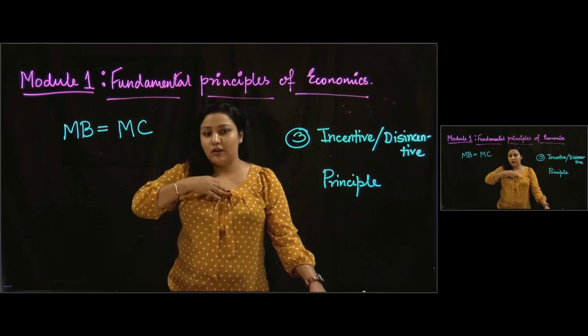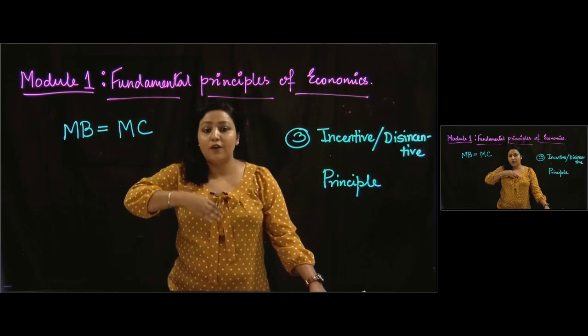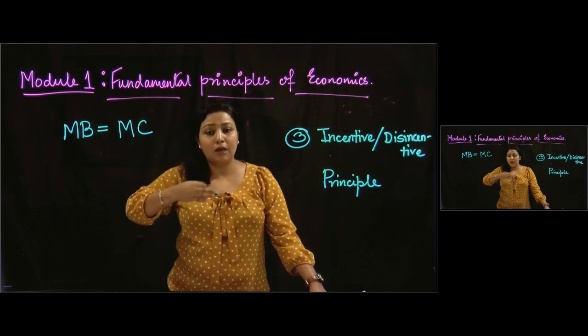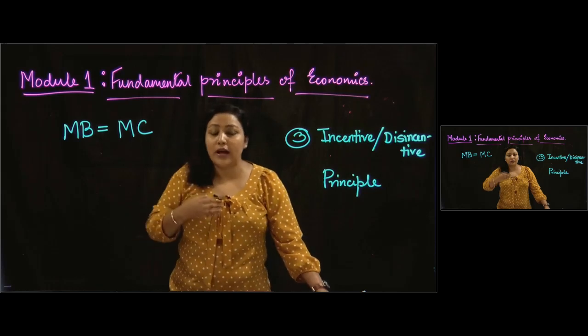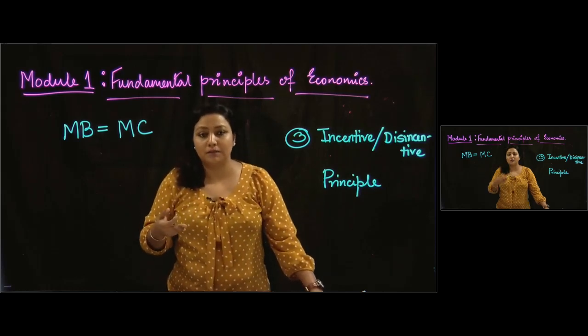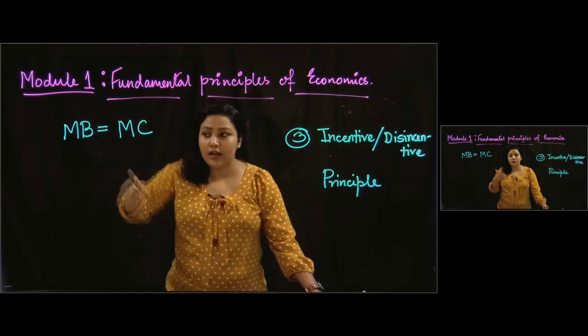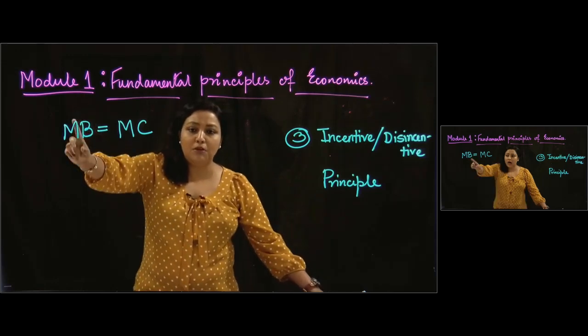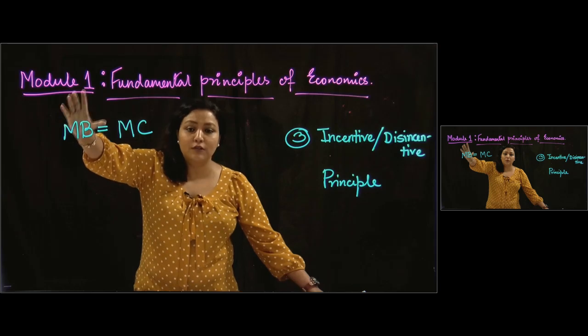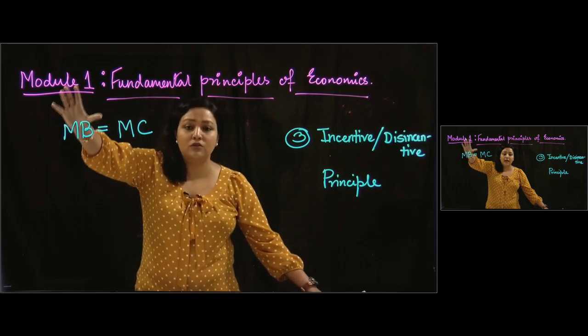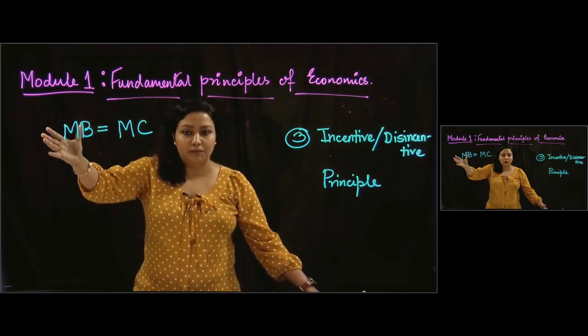Now as a teacher, if I give him an incentive, if I say that every time you show up in class, you get 1 extra credit point, then basically I'm giving a reward or an incentive. In other words, I'm boosting up the marginal benefit of the student and enabling the student to take the decision, right?